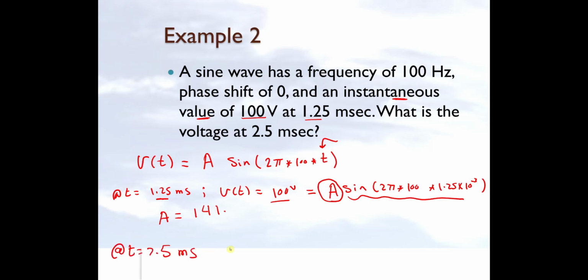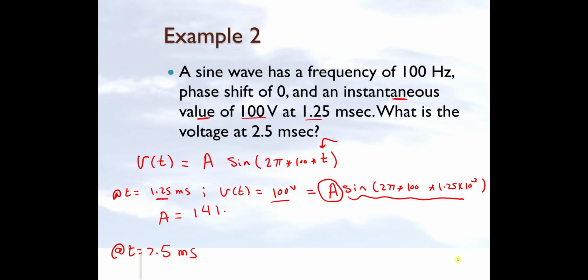We can solve for v of t as A, and we now have a value for A, 141.42, sine of 2 pi times 100 times t, and now t is equal to 2.5 times 10 to the minus 3.